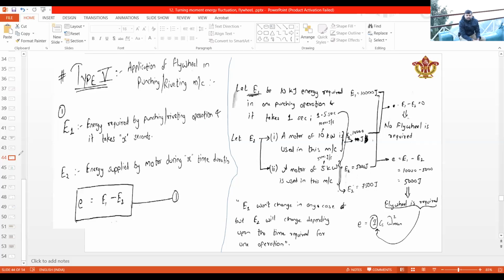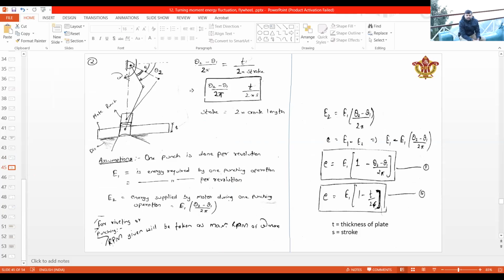Then what we saw was this diagram, and how this equation comes out: the angular distance, that is theta 2 minus theta 1, by the angular distance traveled during the operation. Okay.